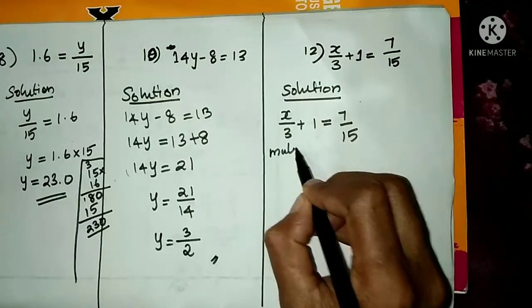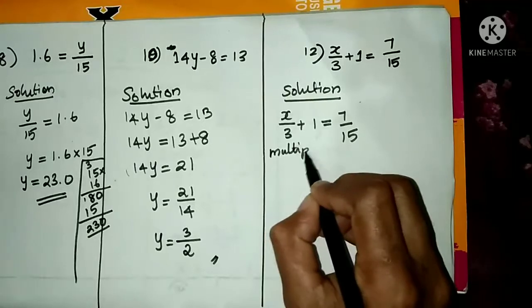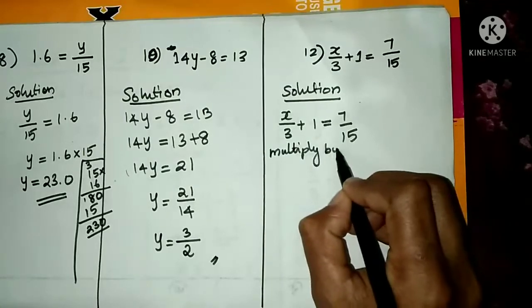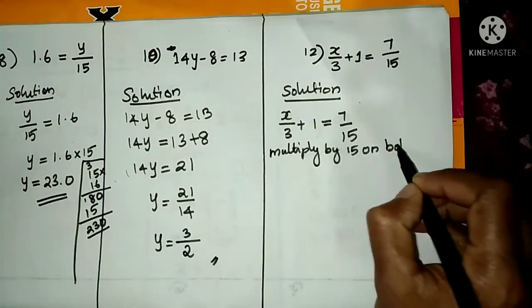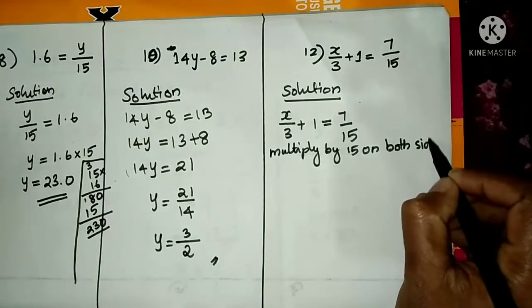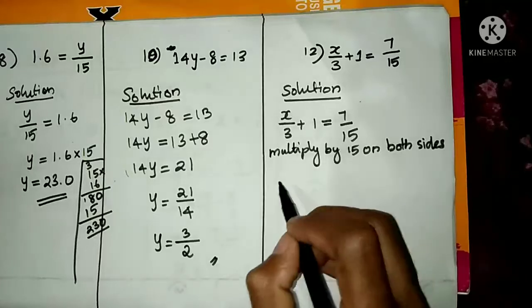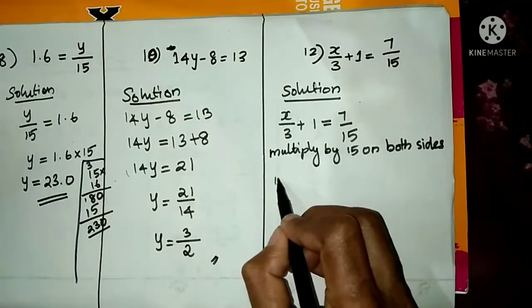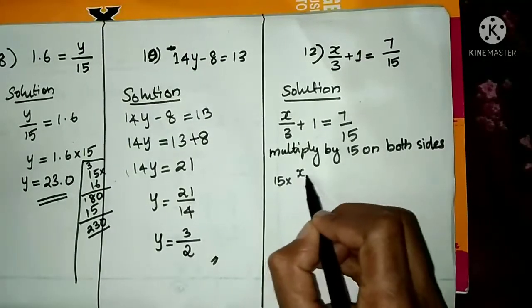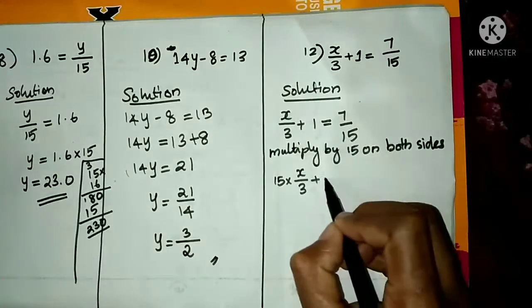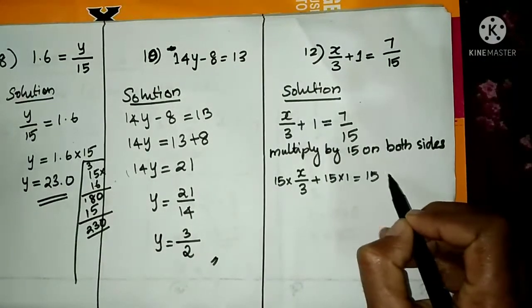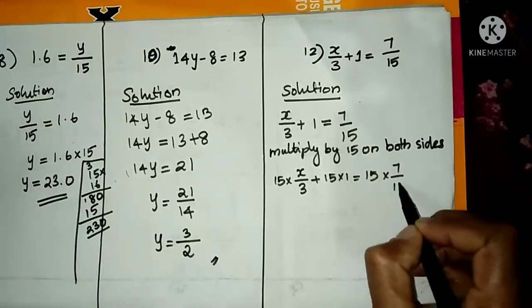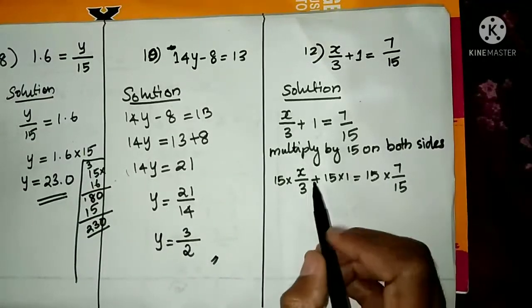So we can write, multiply by 15 on both sides of the equation. So 15 times x by 3 plus 15 into 1 is equal to 15 into 7 upon 15.